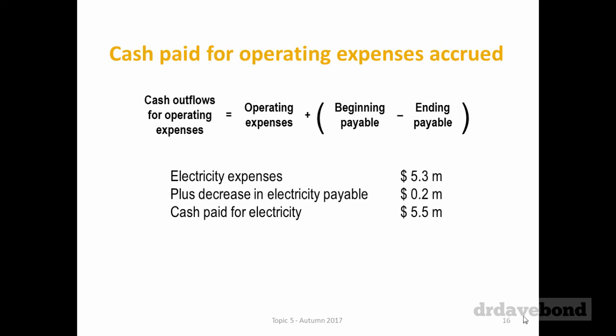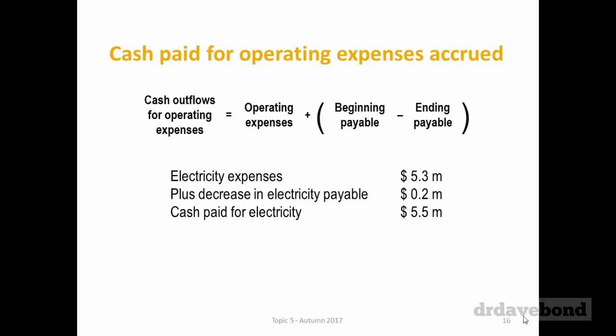So cash flows, cash paid for operating expenses, accrued electricity expenses. So if we look at the information that we have up here, we have a payable. We've just got electric payable or accounts payable, whatever it happens to be, and that has decreased by 200,000.